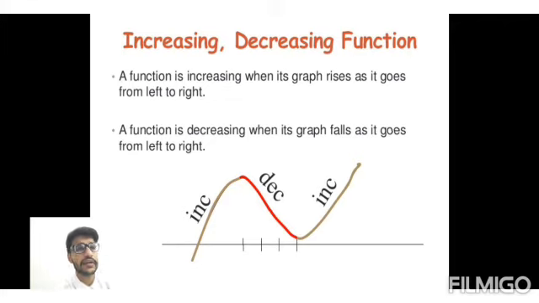For a decreasing function, the graph falls going from left to right.